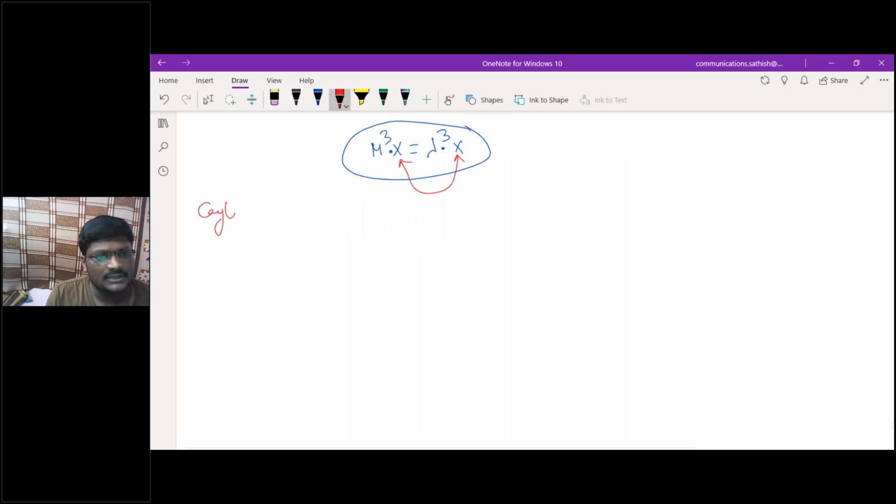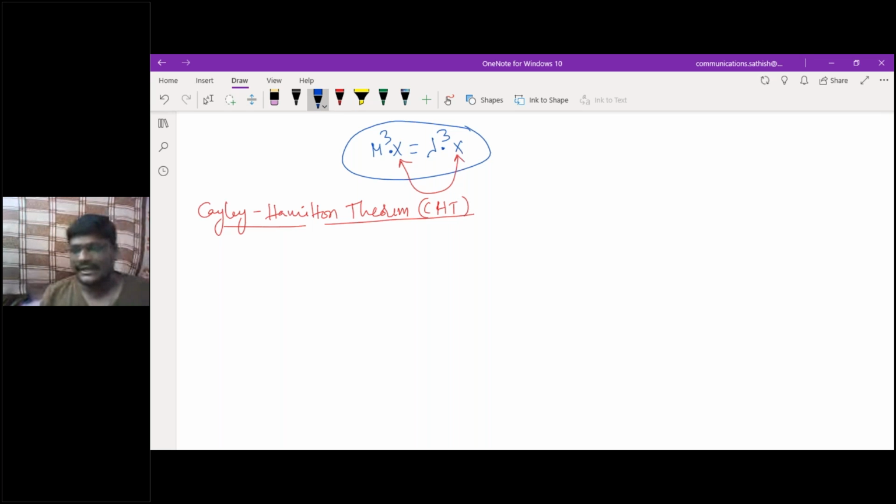This is an application of your eigenvalues and eigenvectors: the Cayley-Hamilton theorem, simply CHT.